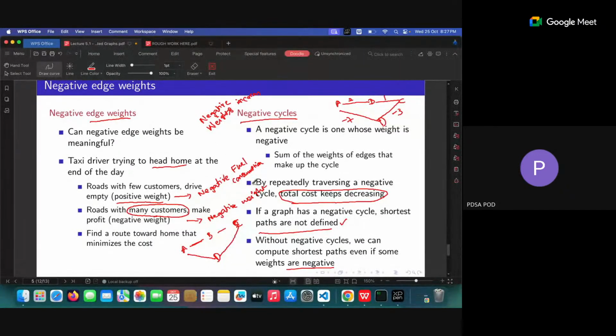Yes, see, look at this. We have 2, 1, -7, and -3. With single source shortest path, we are going from A to D. So whenever we go A to D, it is 0, 2 and 1 makes 3, and -3 makes it 0. So we go this way, A to D, -7. So -7 is not profitable.